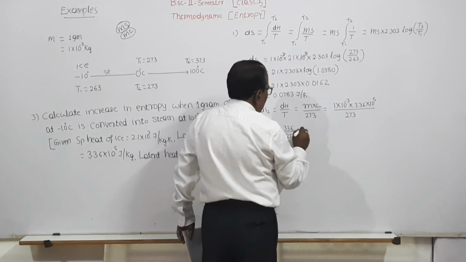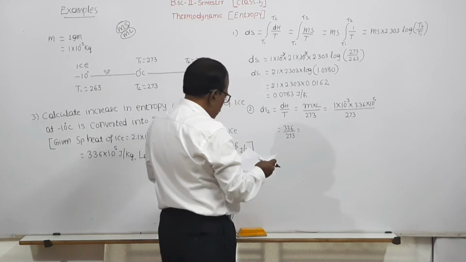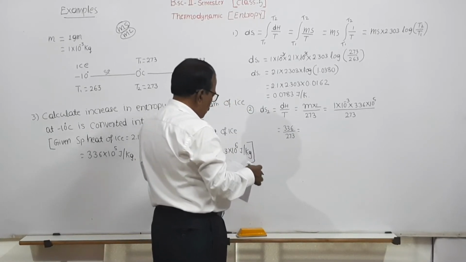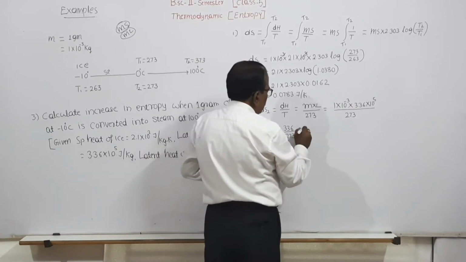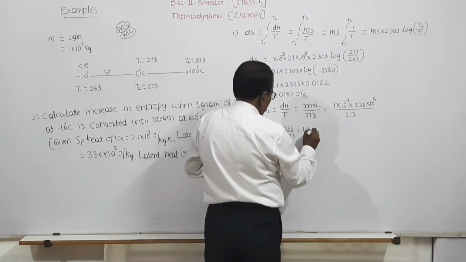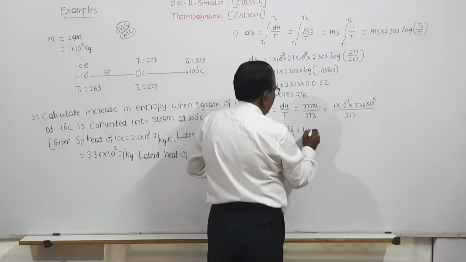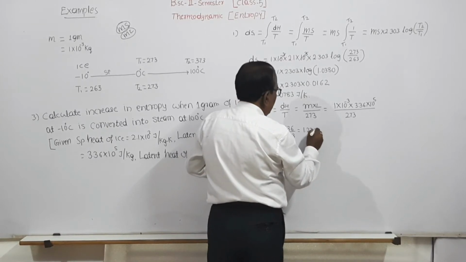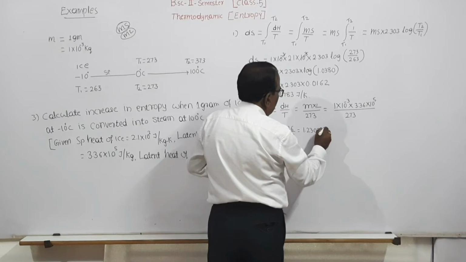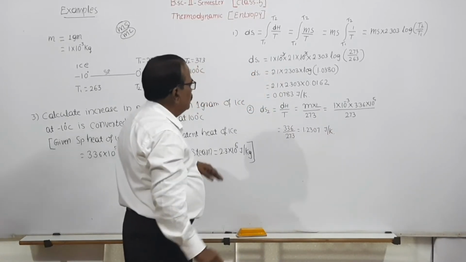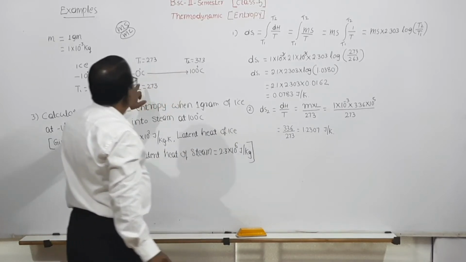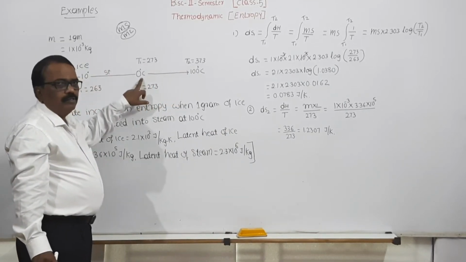That is equal to dS2, 1.2307 joules per Kelvin. This is what dS2 is. Now up to this you have calculated.